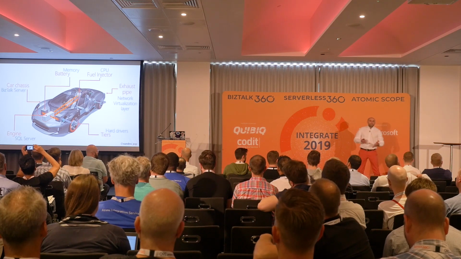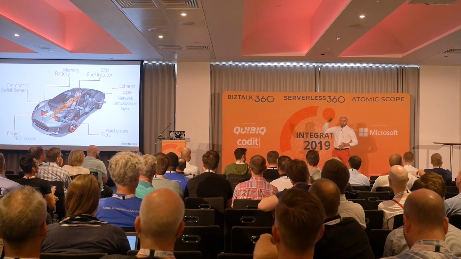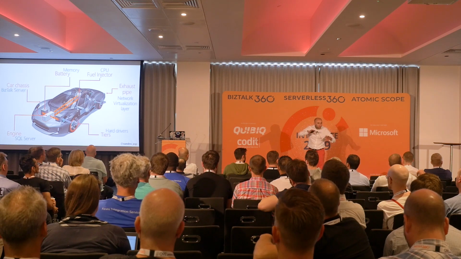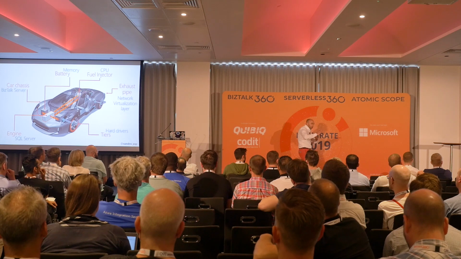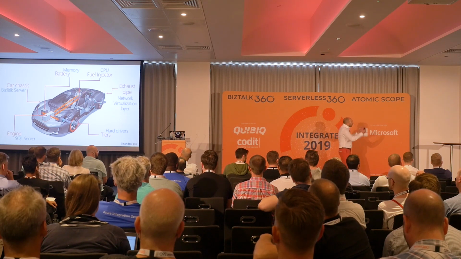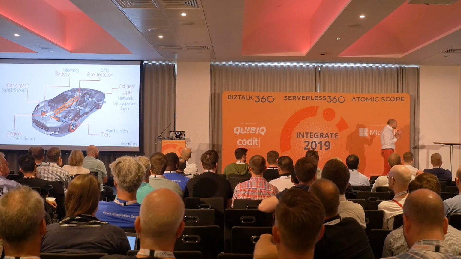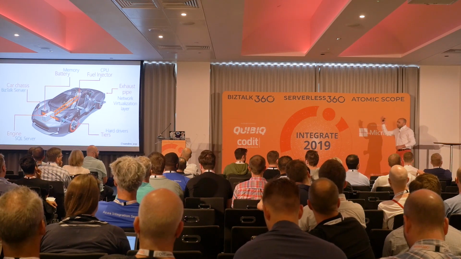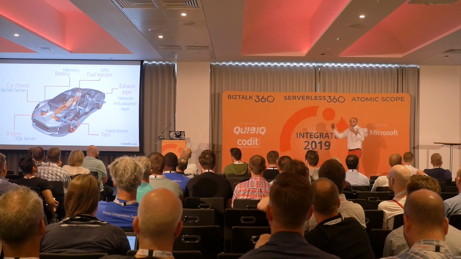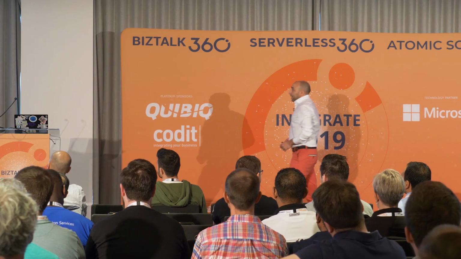And of course, you don't really have speed if you go with a truck. You need to have a good chassis, slow, near to the ground for tuning. So maybe BizTalk is the chassis because the core instance of BizTalk is SQL Server. And you have memory, CPU, all of this stuff.